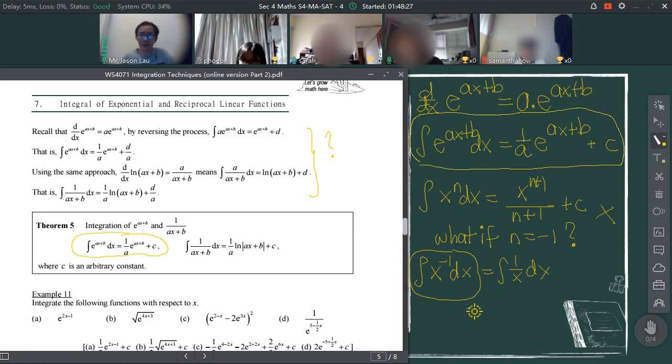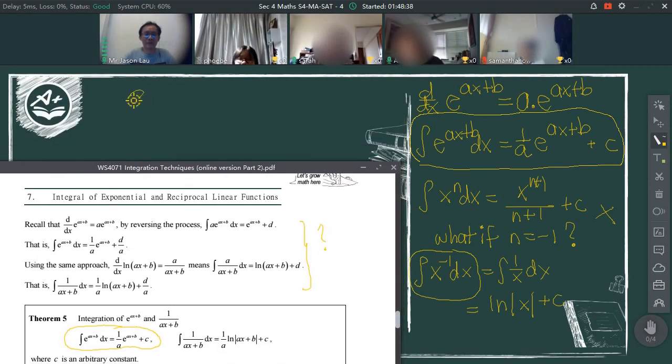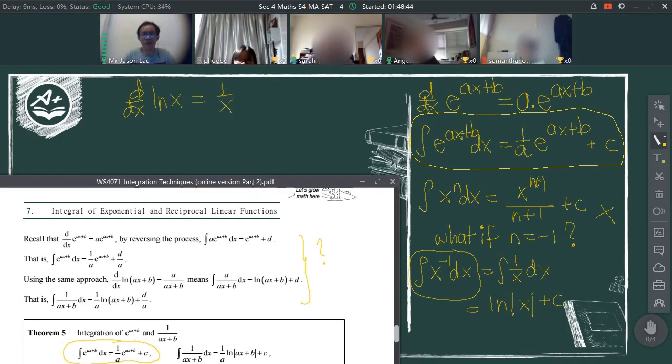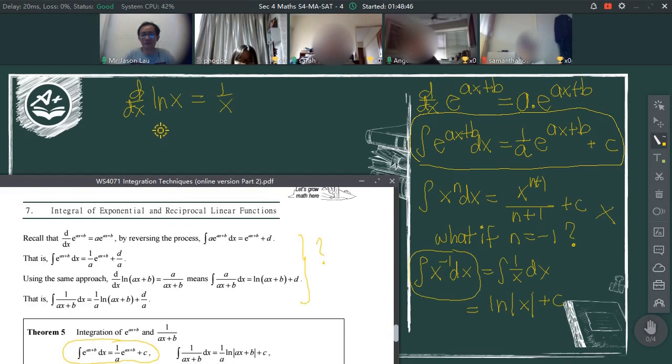They found that this is equal to ln|x| plus c. You remember the differentiation of ln? Differentiate ln x, you get 1 over x.